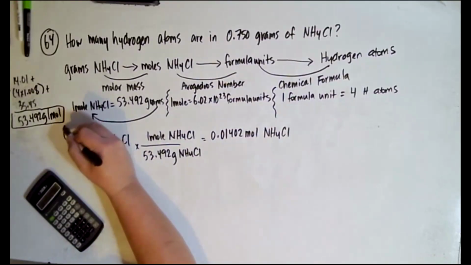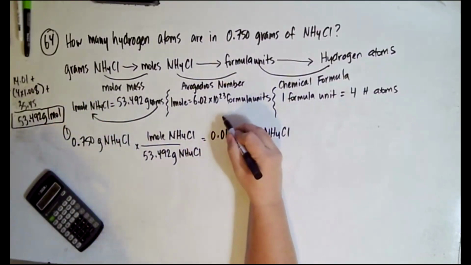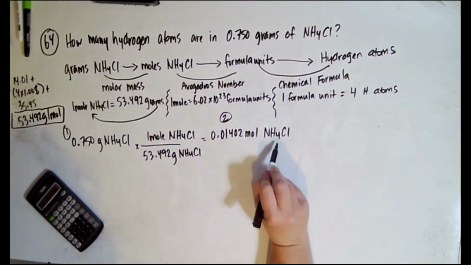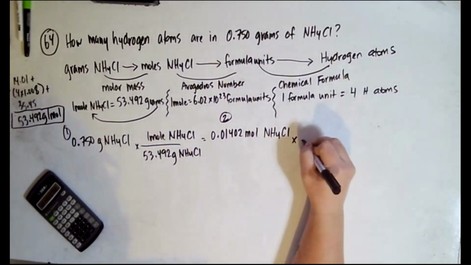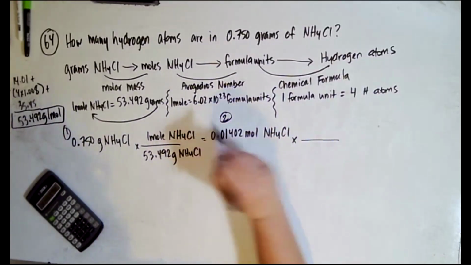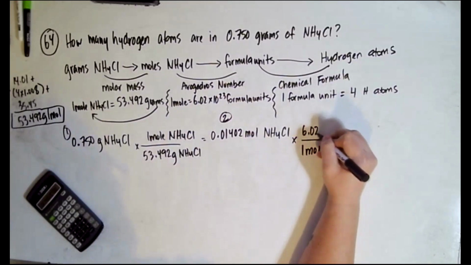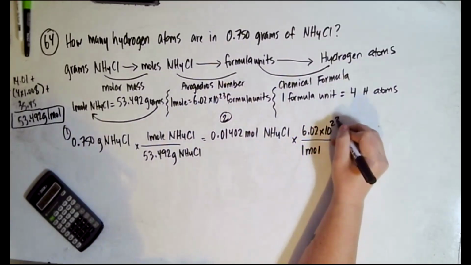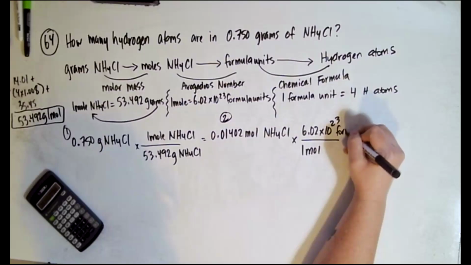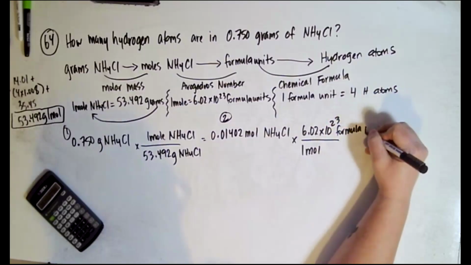Okay, that's step 1. Step 2 is that we can take our moles of NH4Cl, and every 1 mole equals 6.02 times 10 to the 23 formula units.